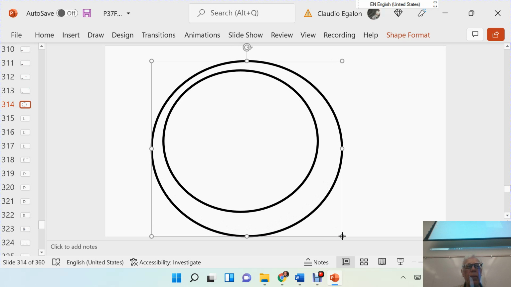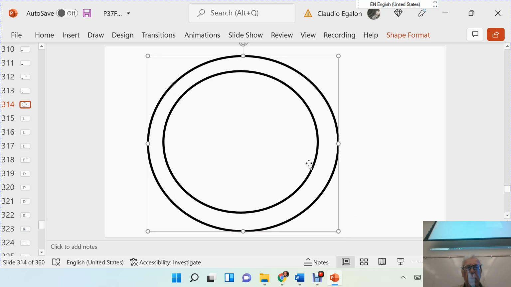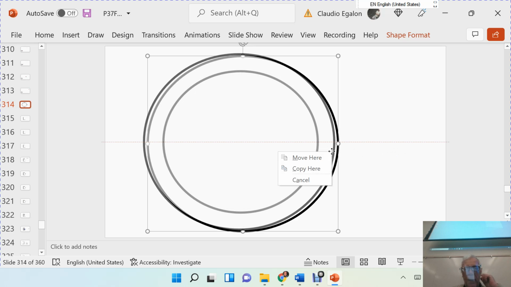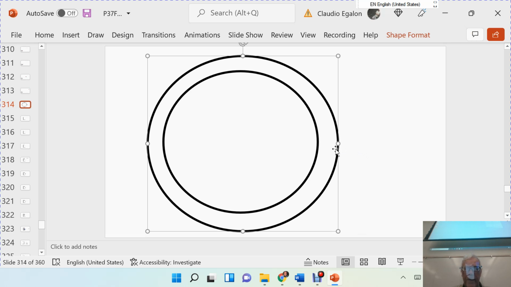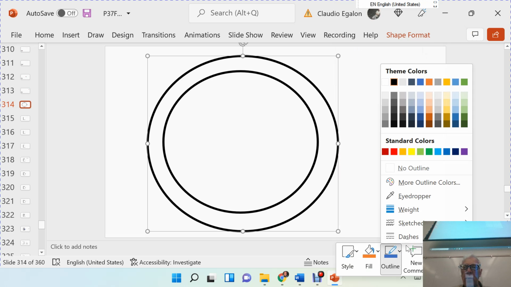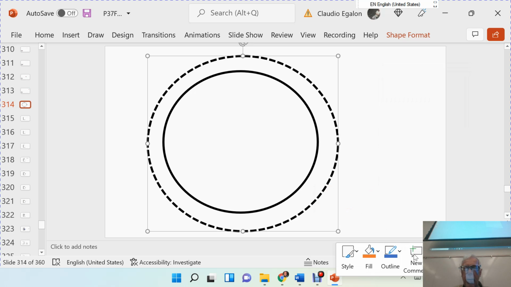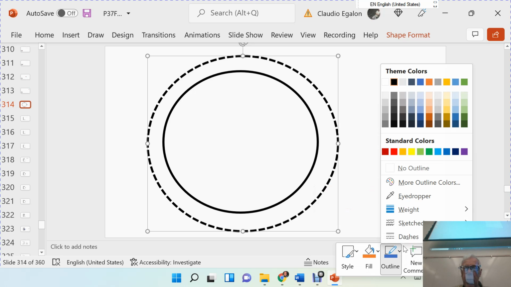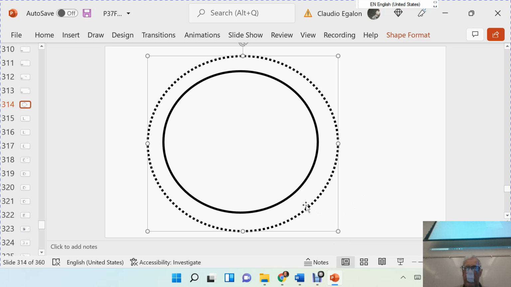I'm going to put little dashes there. That's the atmosphere surrounding the Earth.